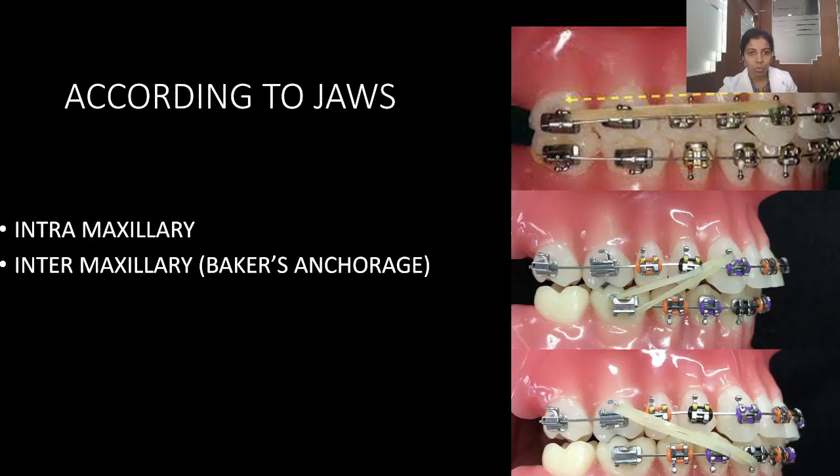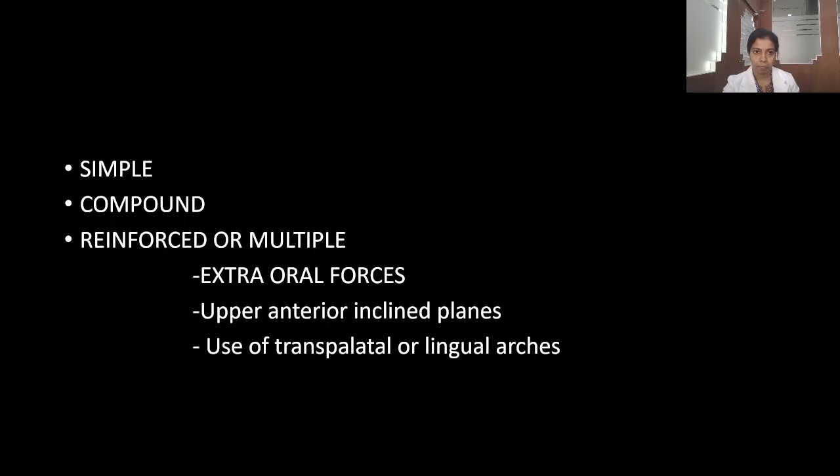That is class 2 intermaxillary elastics, or class 2 anchorage, and it's in the anteroposterior direction. And in the class 3 case we run elastics from the maxillary posterior region to the mandibular anterior region. So remember the term Baker's anchorage, which is the anchorage occurring in the anteroposterior plane. It's an example of reciprocal and it is an intermaxillary anchorage.